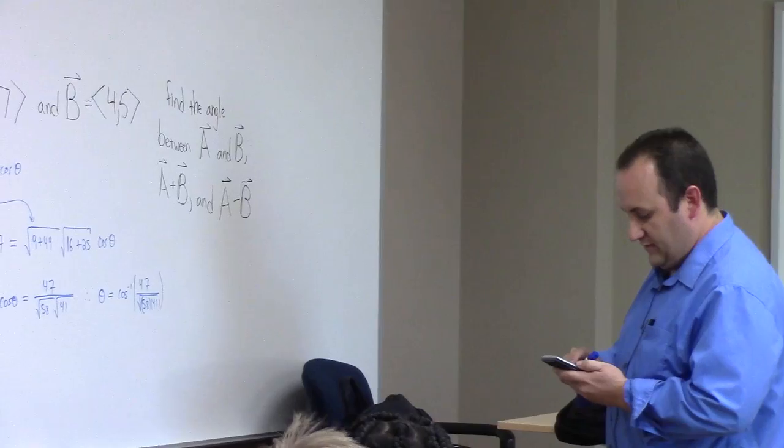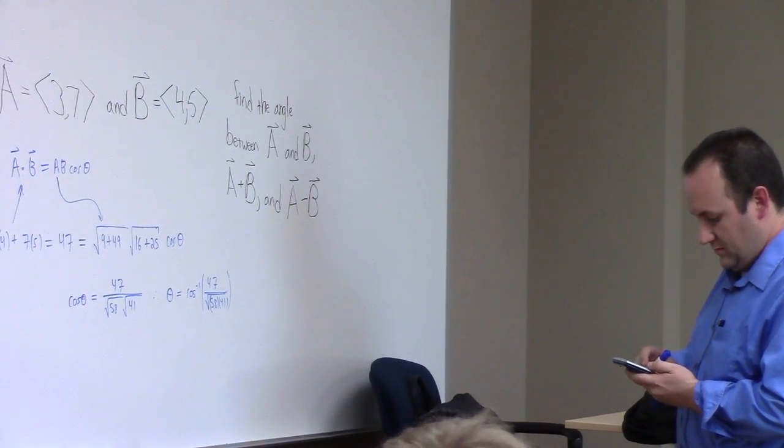So the point of that question was just for you guys to use the formula for the dot product as it relates to cosine to find an angle, whatever that is. I'm in radian mode. I want to be in degree mode because it's more fun.